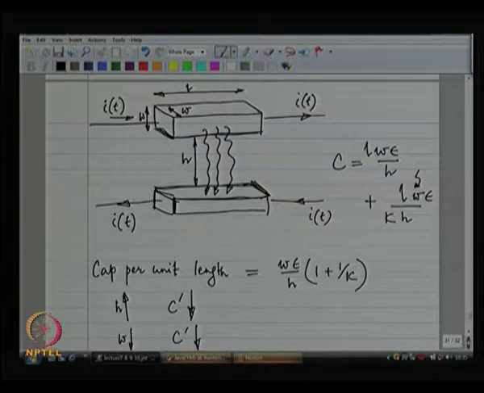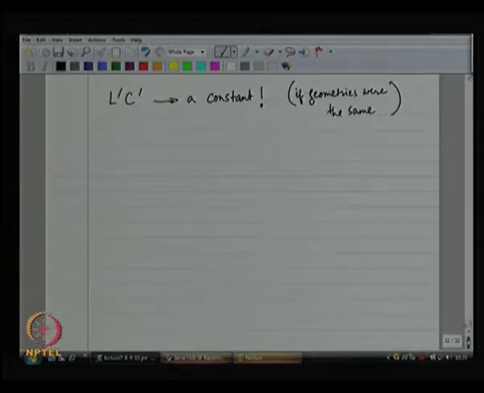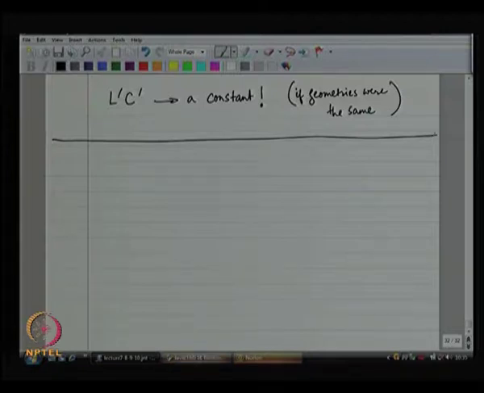If the dielectric material was not a perfect insulator, then there would be current leaking out, and that would create a conductance per unit length as well, right. So, our model for the wire looks like this.